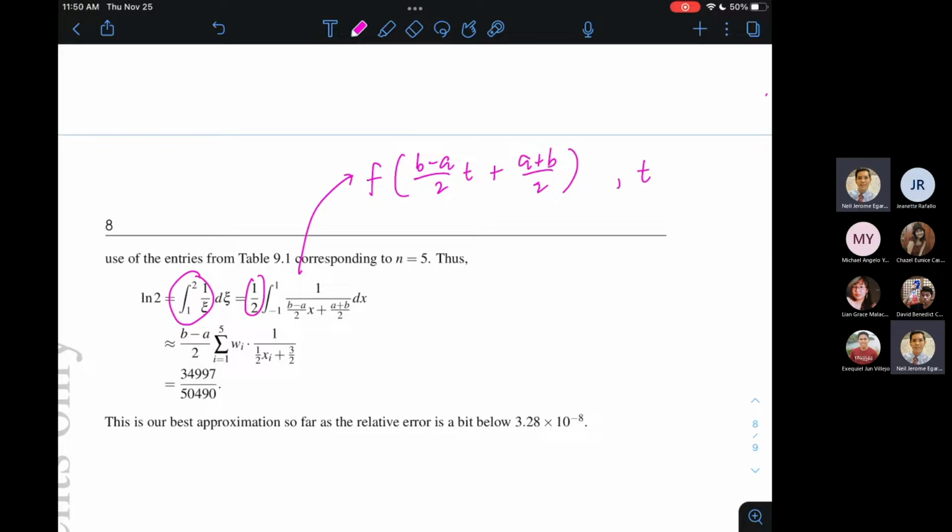Okay? So kaya meron ditong 1/2, siya yung b minus a over 2 doon sa translation formula o doon sa change of variable formula that we derived last time. And then here, I plugged in yung ito.